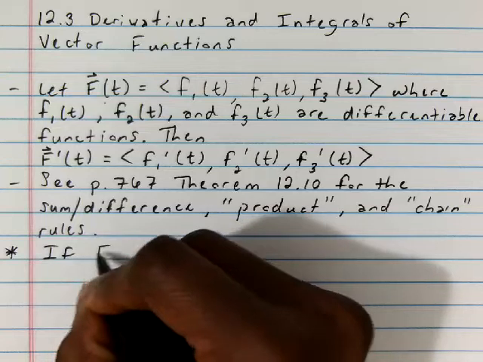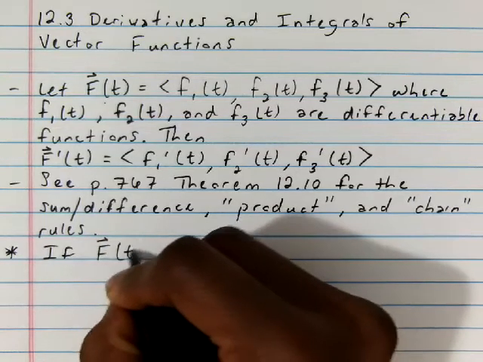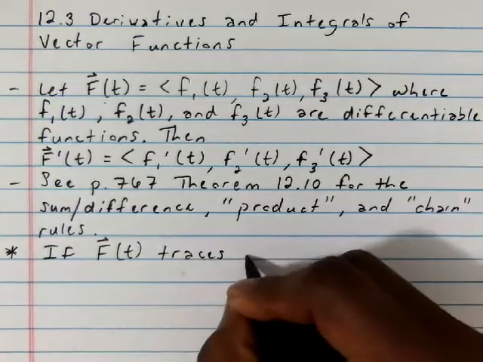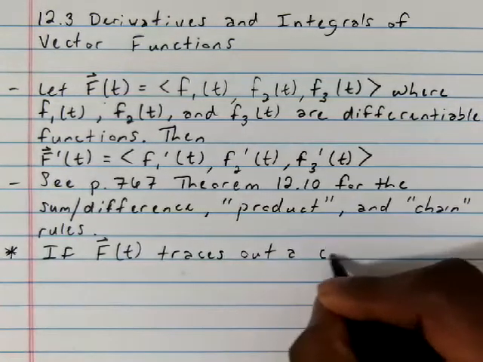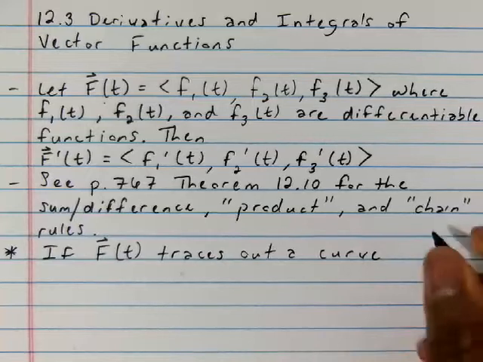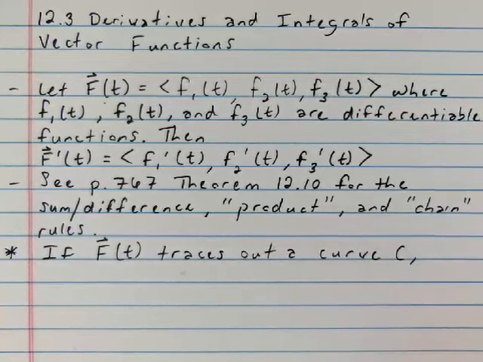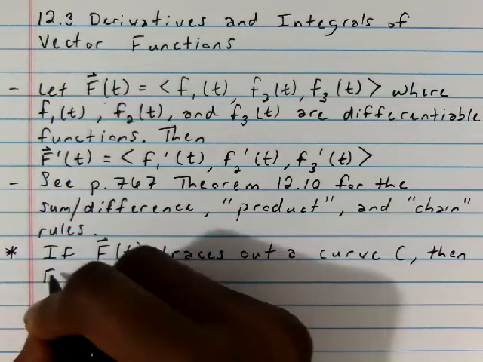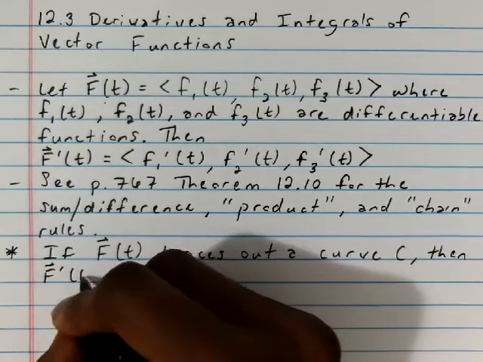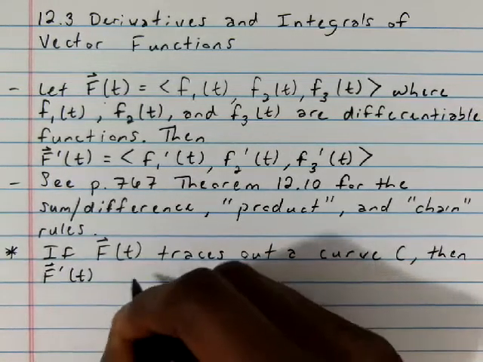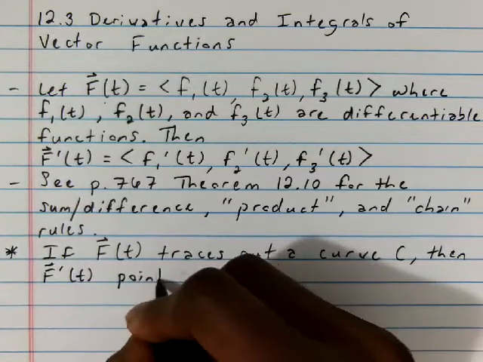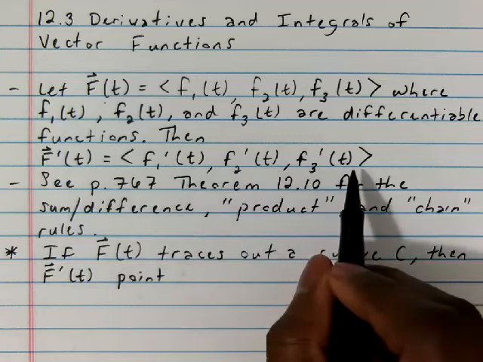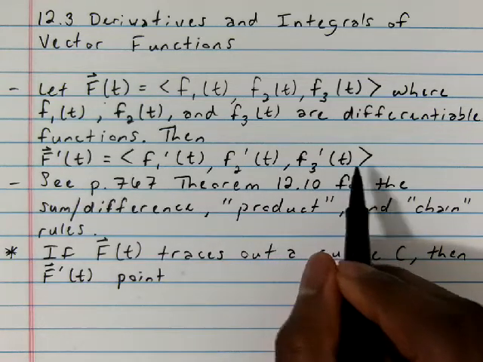So if the vector function f of t traces out a curve C, then the derivative f prime of t, and remember this is still a vector, so your f prime of t is still going to be a vector, so it has a magnitude and a direction.